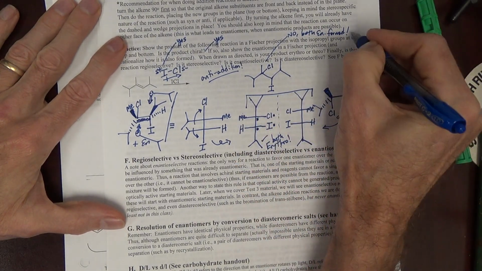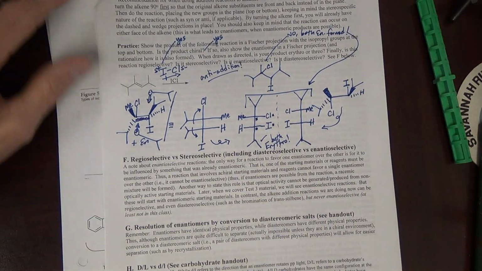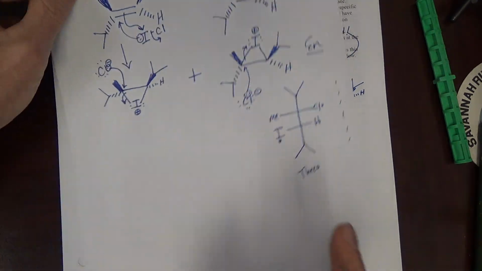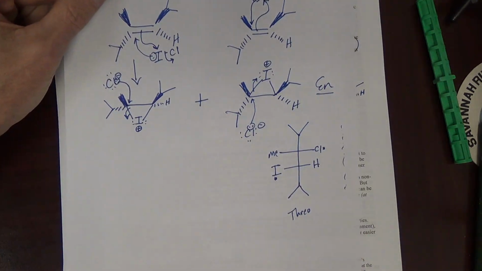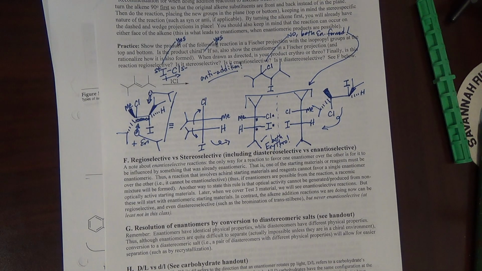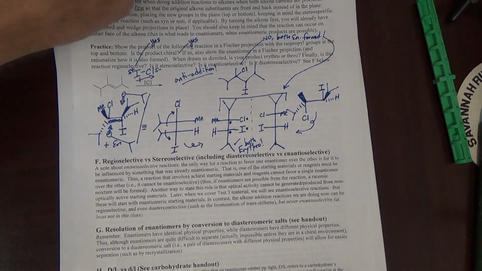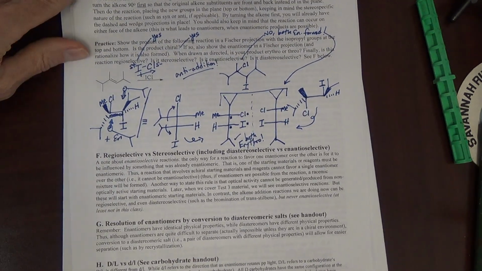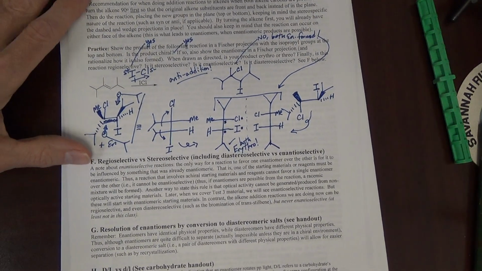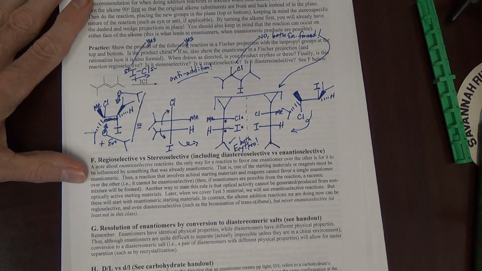These are the two enantiomers. Why are they both formed? Well, mechanistically. And I'll give you a little free information. None of the reactions we've done so far in this class are enantioselective.